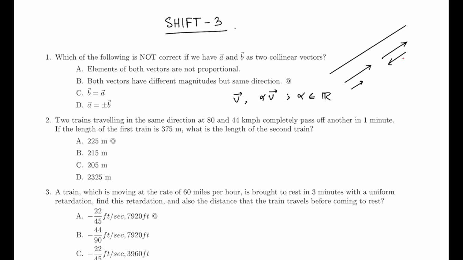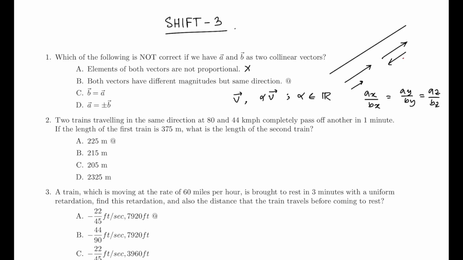Okay, so that means if you have two vectors A and B, then AX by BX should be same as AY by BY should be same as AZ by BZ for parallel vectors. So this is not a correct statement. Now look at option C, which says B is equal to A. Of course the vector is same as that vector, so it is a collinear vector.